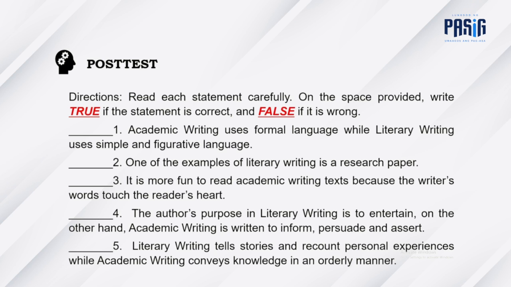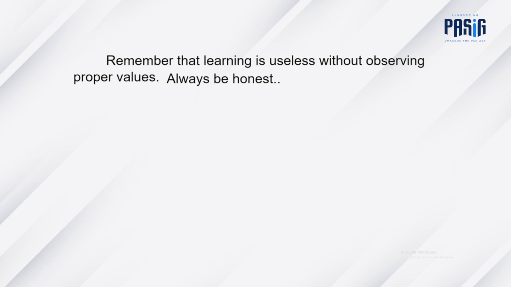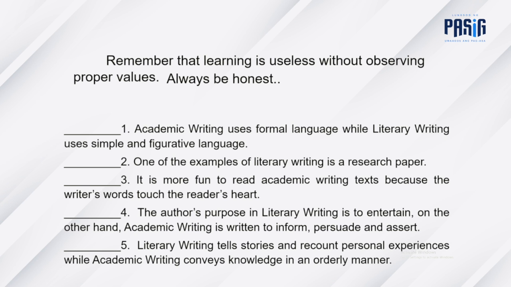Time's up. You may now check your answer. Remember that learning is useless without observing proper values. So, always be honest. 1 true, 2 false, 3 false, 4 true, and 5 true.